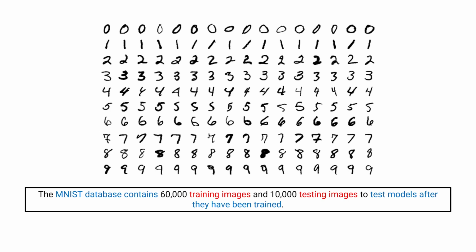And so to test our machine learning models, artificial neural networks in particular in this case, we reserve some of the data that we have, that labeled data that we need for supervised learning. We keep it off to the side, and then we use that as testing data afterwards. So we train them on the 60,000, and then we test them on the 10,000.